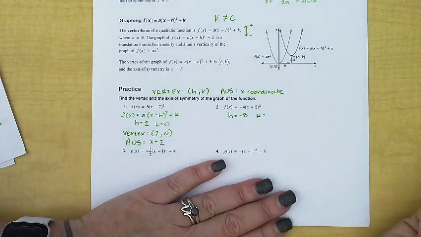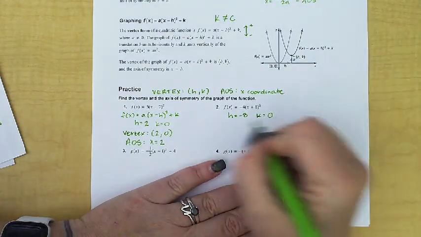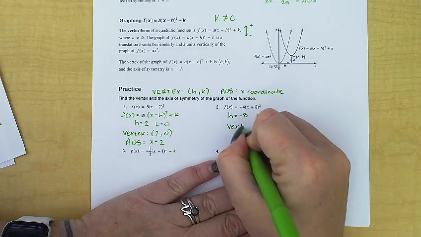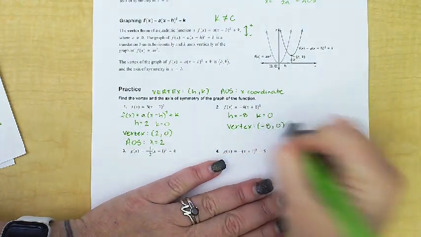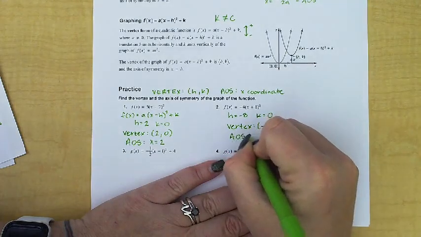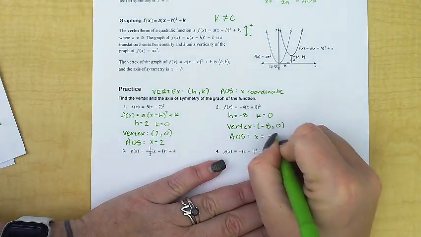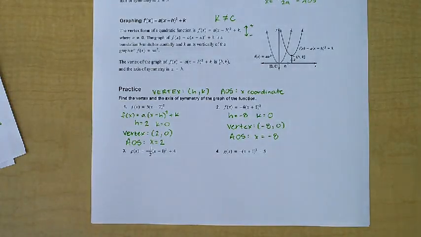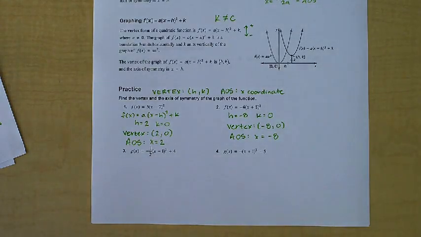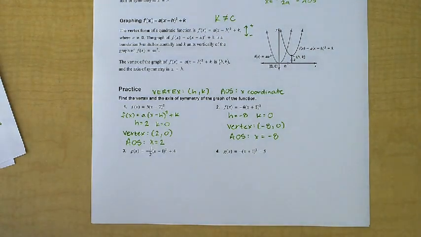Again, we don't have a k value out here, so our k is 0. Our vertex is negative 8, 0, and our axis of symmetry is x equals negative 8. So much easier than having to do all of that stuff like we did with standard form, right?